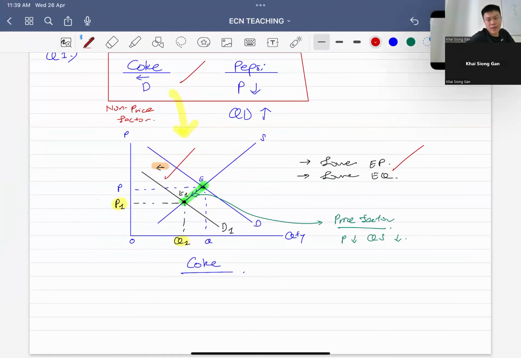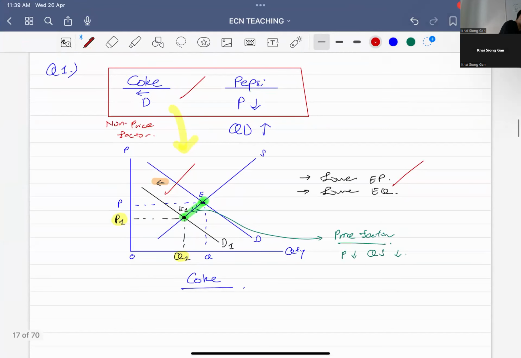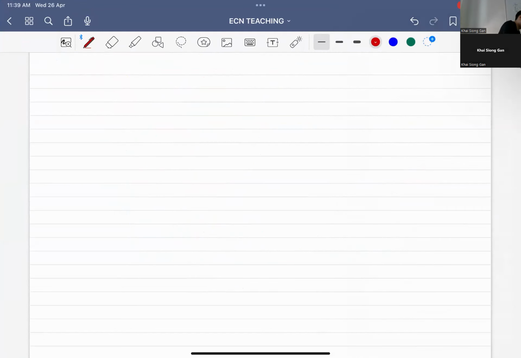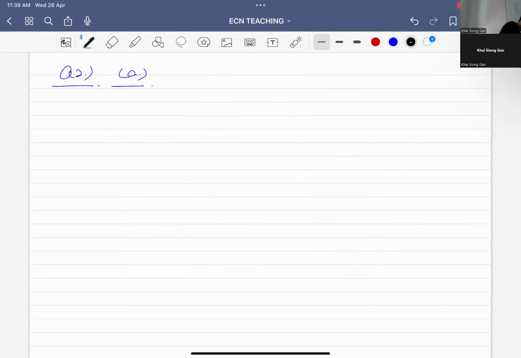Okay, so now the question. Question 2. Increase in demand and a decrease in supply. Supply shifts more than demand. So first of all, draw the y-axis and x-axis.